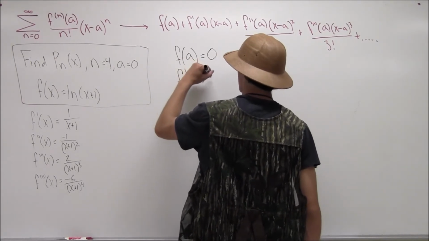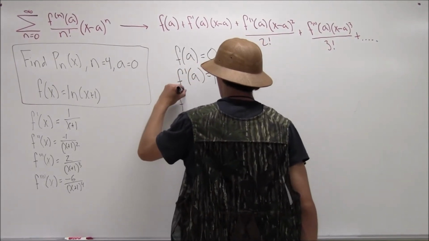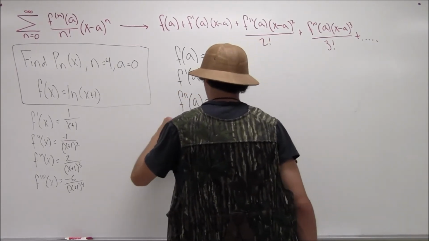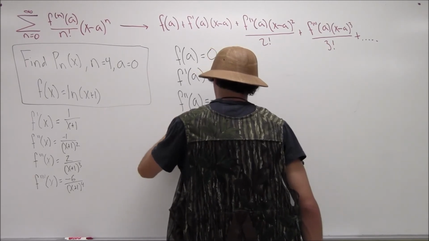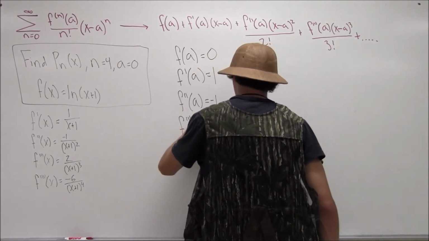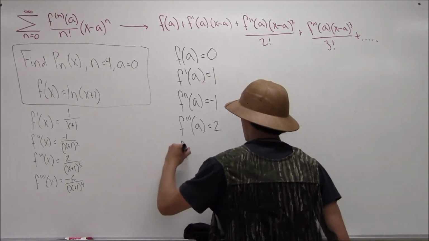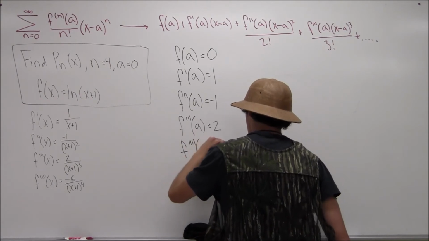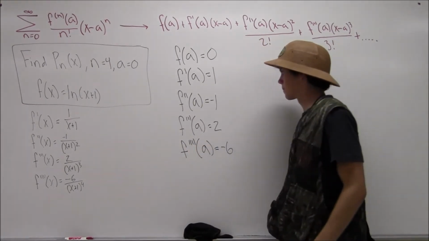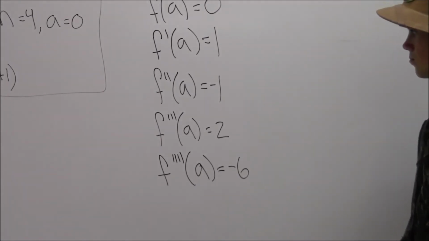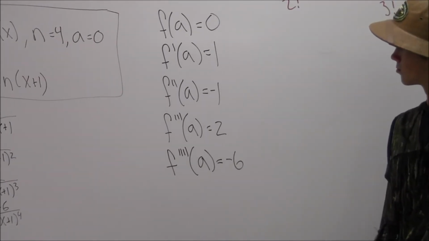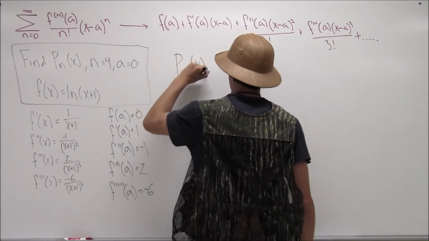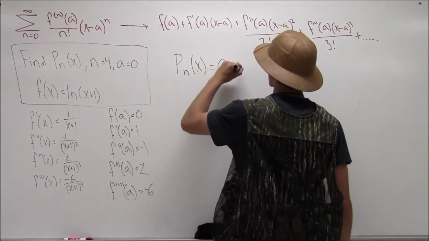Putting them into a list will make it much simpler to use when finally formulating the polynomial. Now we put all this together and formulate our Taylor series polynomial.